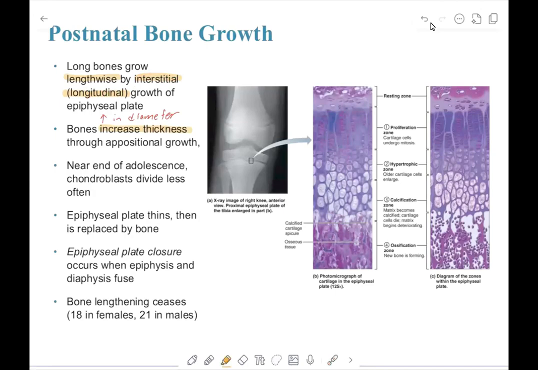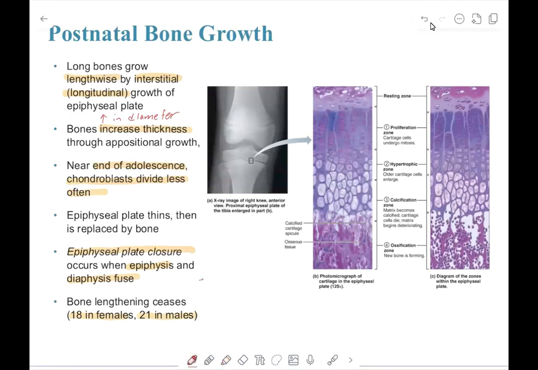So near the end of adolescence, those chondroblasts divide less often, and now the entire hyaline cartilage is replaced by bone. So epiphyseal plate closure occurs when the epiphysis and the diaphysis fuse. So it's a little younger for females and a little older for males.